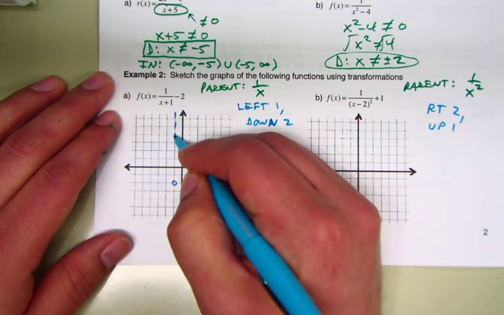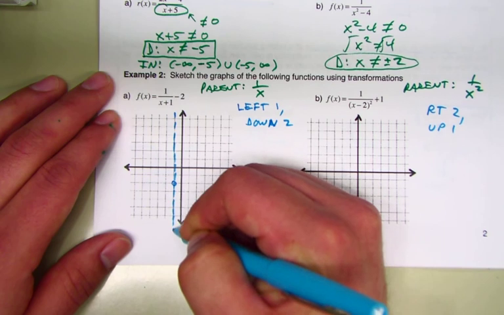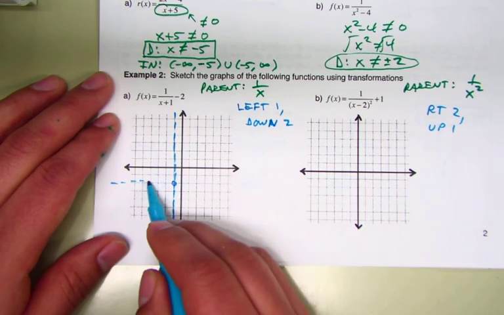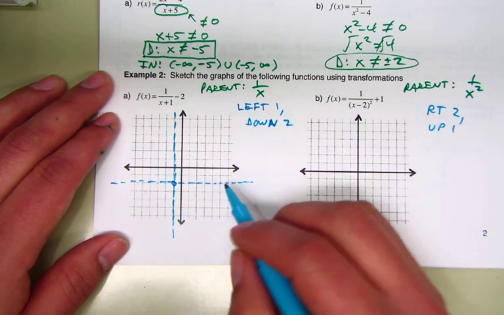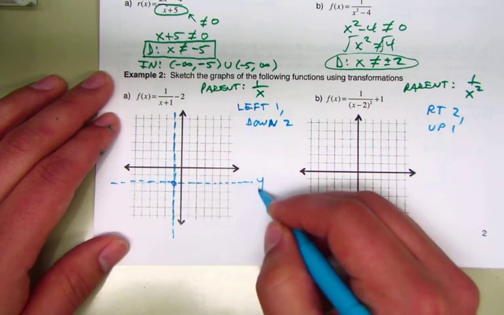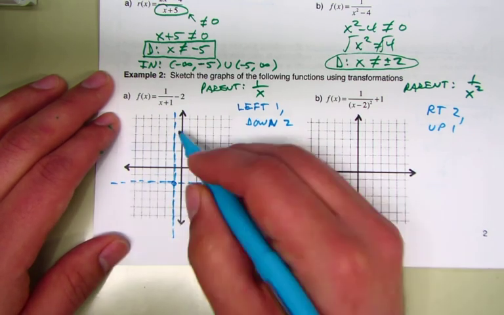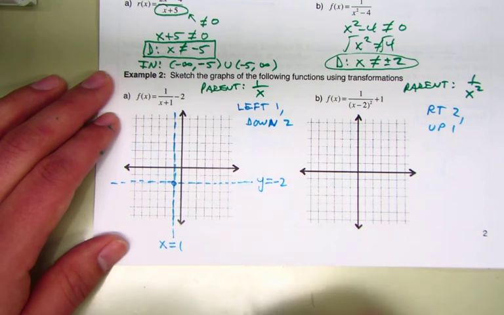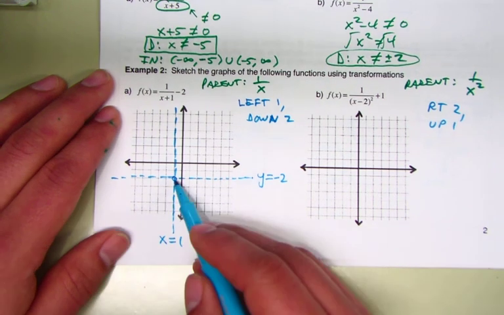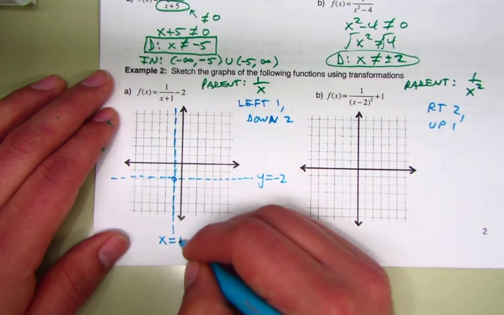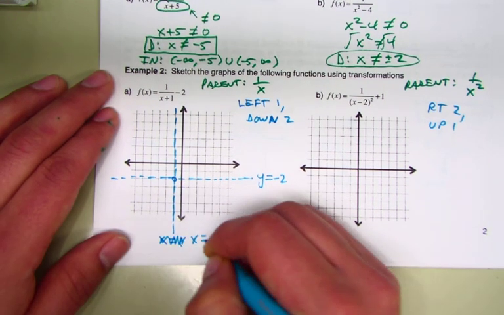So I'm going to draw in the vertical and the horizontal asymptote, which are now at y equals negative 2, and x equals negative 1 instead of x equals 0. Thank you for catching that.